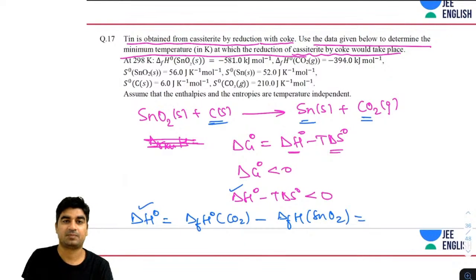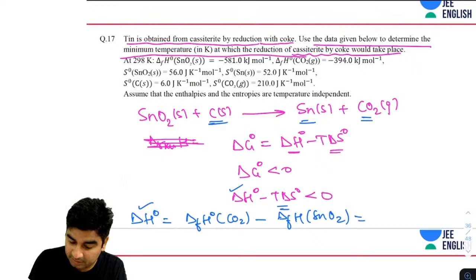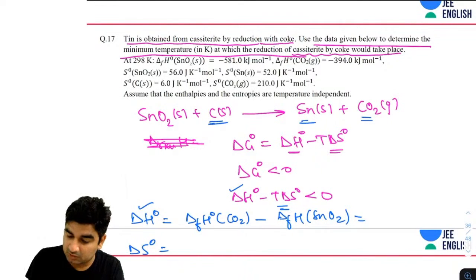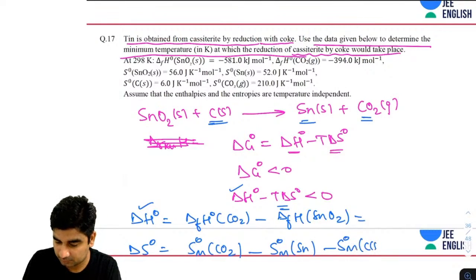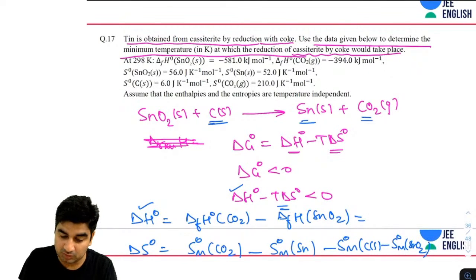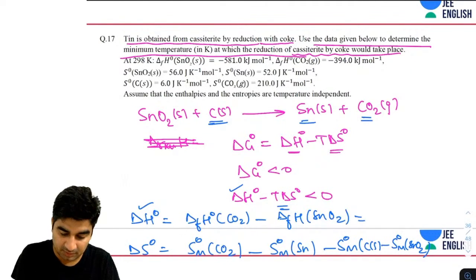Put it here. Now how will you calculate delta S? So delta S naught, product minus reactant, so this data is also given, guys.